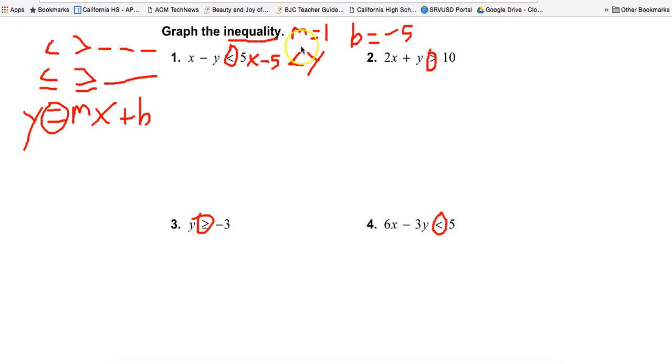If this was y is less than x minus 5, we would shade all the regions below. So remember, your inequality symbol tells you if you draw a solid line or dashed, and then you look at y to see how that relates to your equation, and that determines if you shade above. If it's y greater than, you shade above. If it's y less than, you shade below.